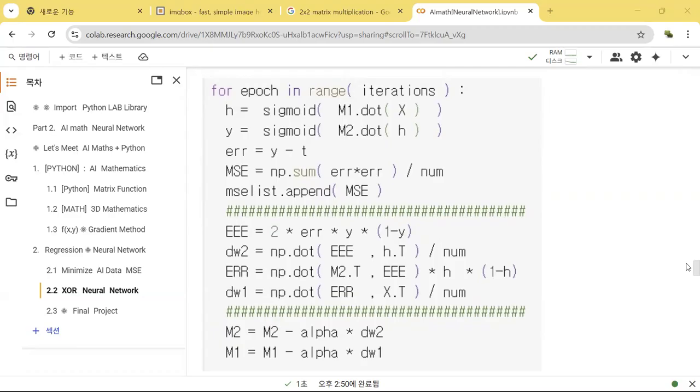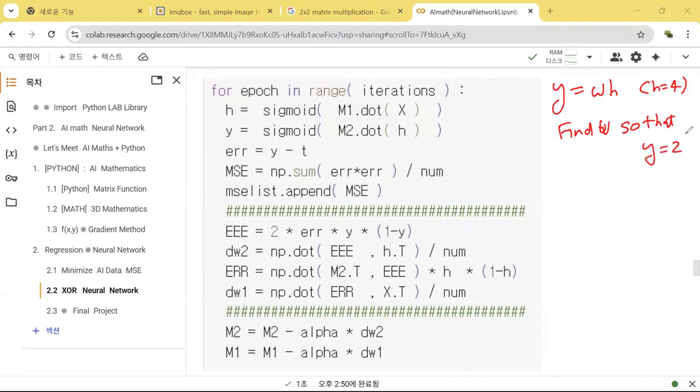From problem 3, we studied Y equals WH, where H is 4, and then find W so that Y is 2.